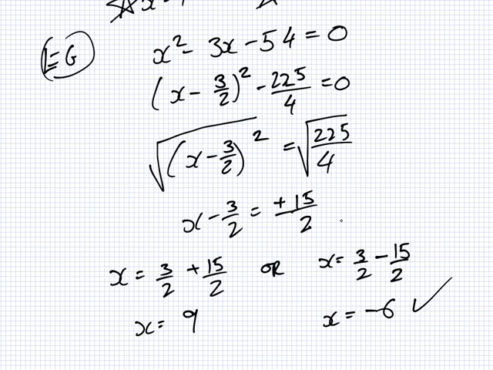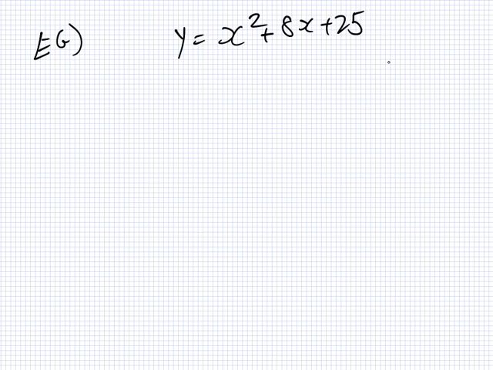So I kind of prefer the method of completing the square because you can also locate the vertex. Let me show you an example. Can I scroll down? y equals x squared plus 8x plus 25.